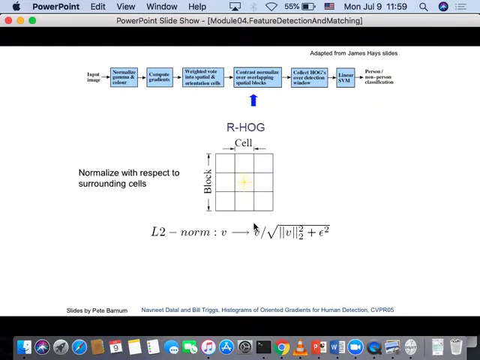Then they do one other quite interesting step. Remember, SIFT also had some sort of normalization step, so that lighting changes don't matter much and so on. These guys, because they are computing a lot of these HoG blocks, they did not compute.